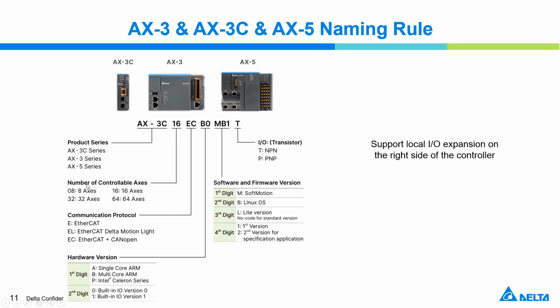Because they are combined together here, it doesn't mean each module can support the maximum of 64. Later I will go through the details for each module. For example, this one, AX3C, can only support a maximum of two kinds, the 8 axis and 16 axis.